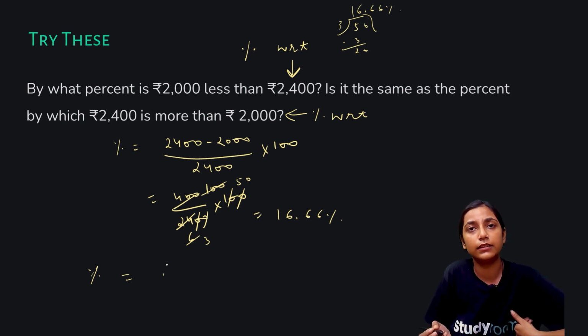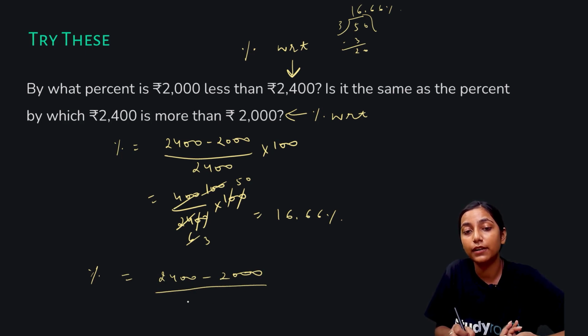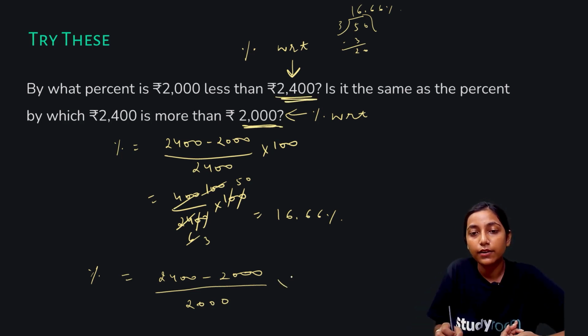You can either subtract 2000 from 2400 or 2400 from 2000; that does not make any difference, because at the end we'll be taking the mod. So I'll write 2400 minus 2000 divided by 2000, unlike before, into 100.